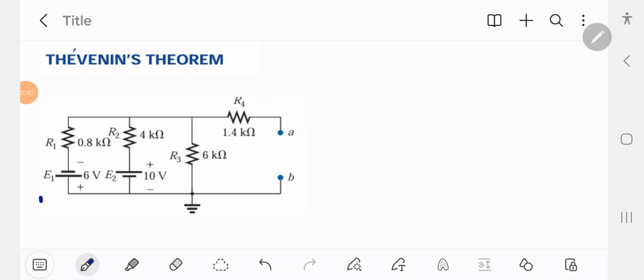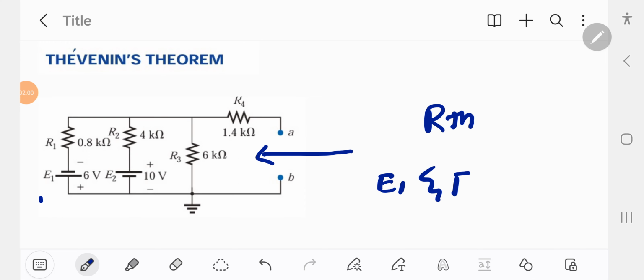When we are going to find RTH, first we are going to eliminate E1 and E2 and replace them by a short circuit. So the first step is to remove E1 and E2.